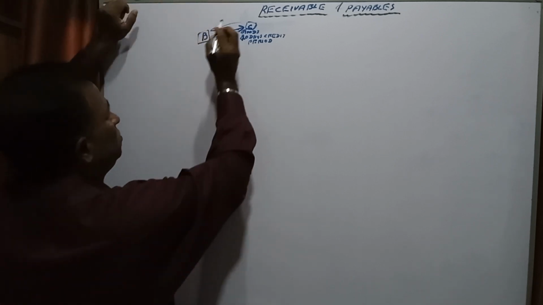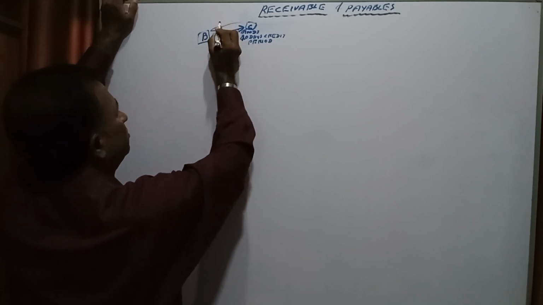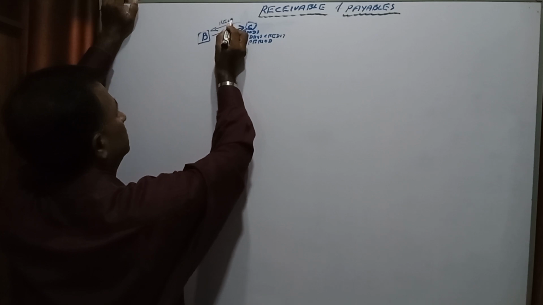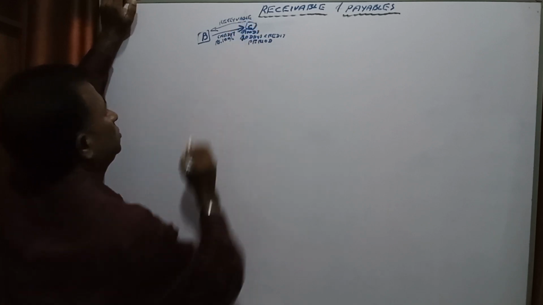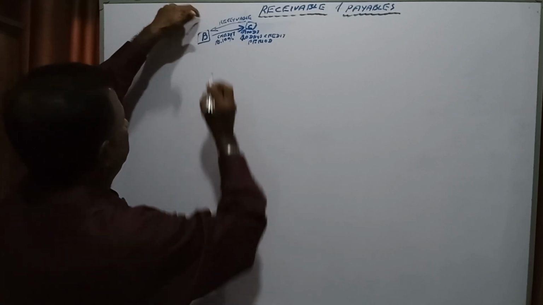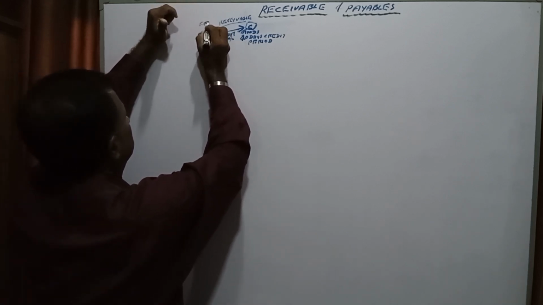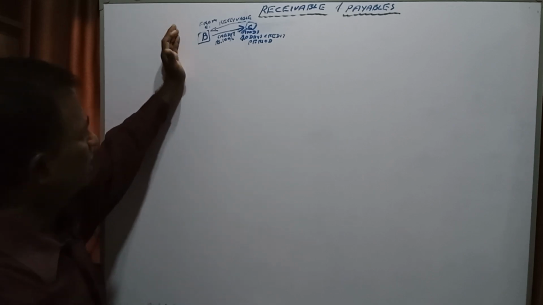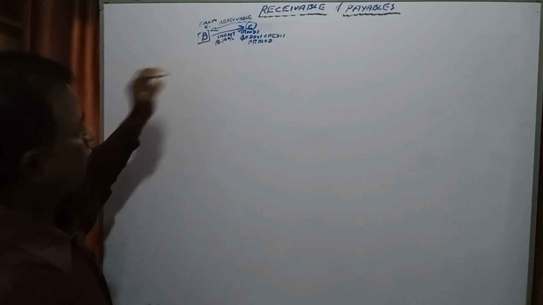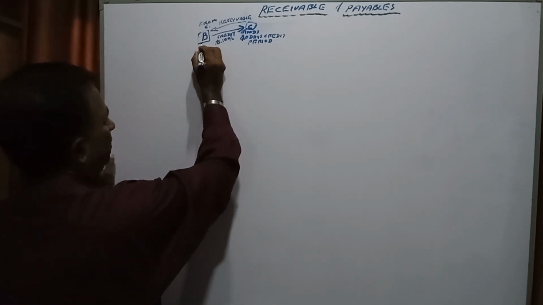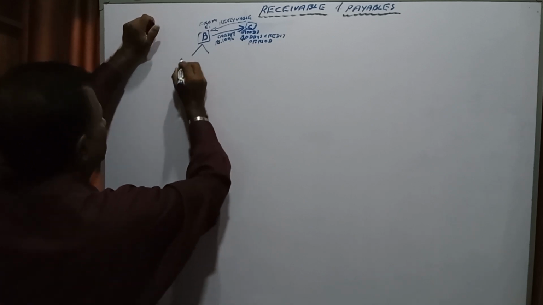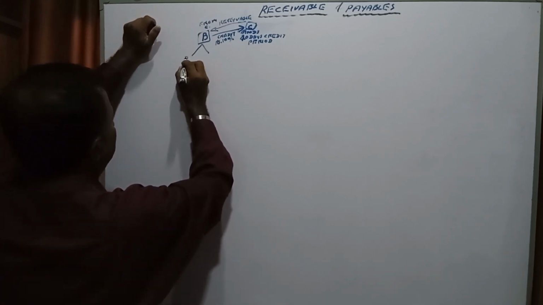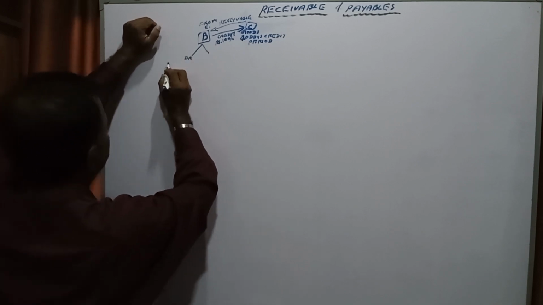Until that, you will record it as a receivable. In your books, you will say it is receivable from C, 100 rupees, recorded in the books of B. What is the double entry in the books of B?